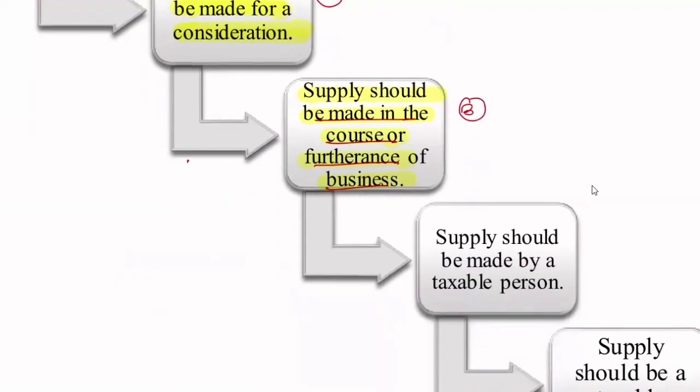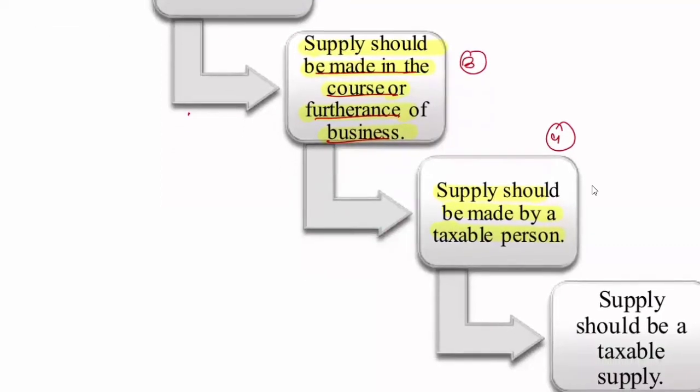Now, the fourth one: supply should be made by a taxable person. What do they mean to say? Suppose there is a Raju who has a tea stall.